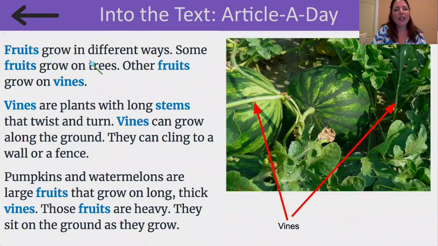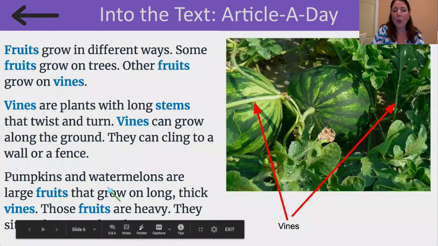Fruits grow in different ways. Some fruits grow on trees. Other fruits grow on vines. Vines are plants with long stems that twist and turn. Vines can grow along the ground. They can cling to a wall or a fence.